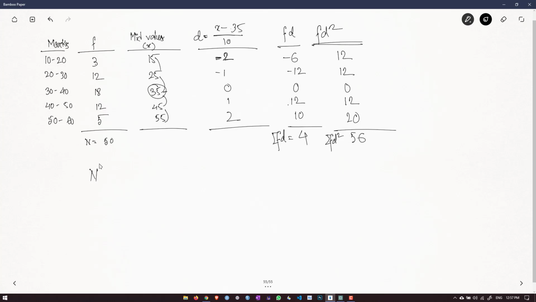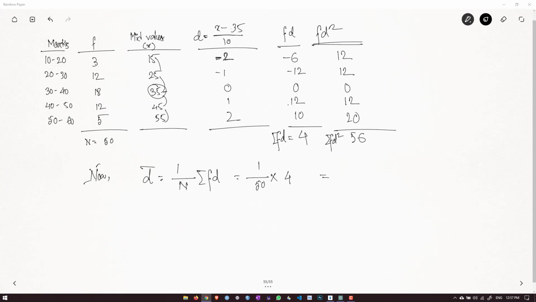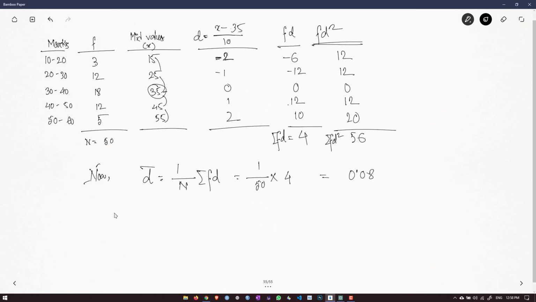So now d bar is 1 by capital N summation fd, which is equal to 1 by 50 into summation fd, which is 4. So this is equal to 0.08.